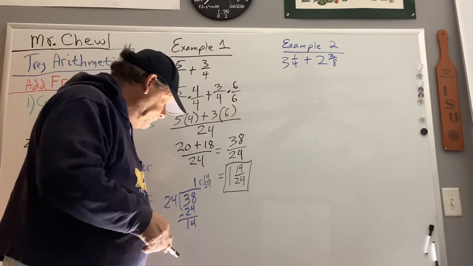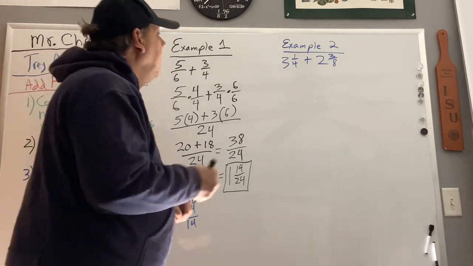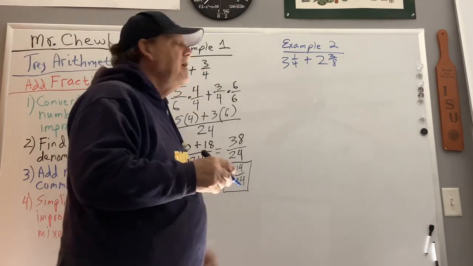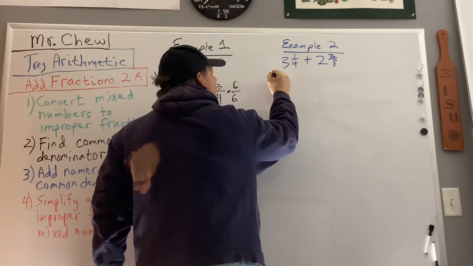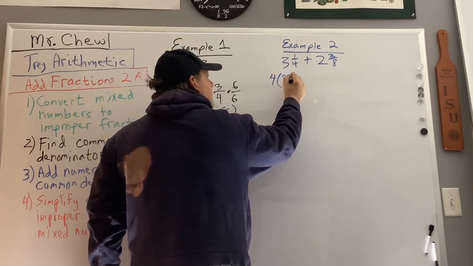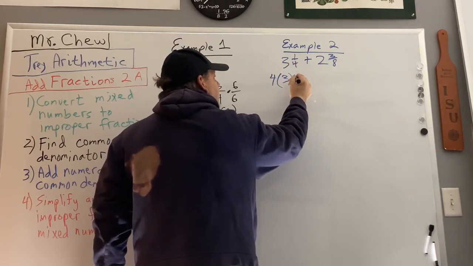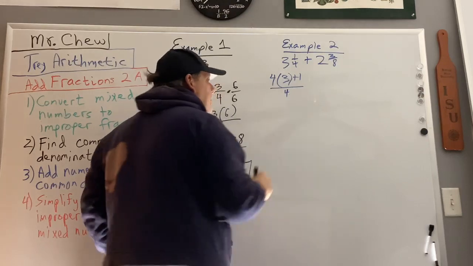Example 2. In example 2, we have to convert the mixed numbers into improper fractions. So I take the denominator 4 times the whole number 3 plus the numerator 1, and I put that over 4.